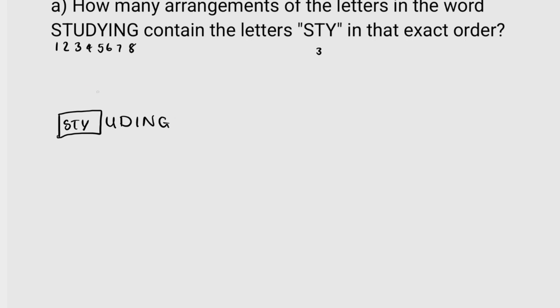Now what you need to do is count the number of letters. 1, 2, 3, 4, 5, 6. It could be a common mistake to forget to count the block as 1 and just subtract 3 from 7. So the actual number of letters is 6.